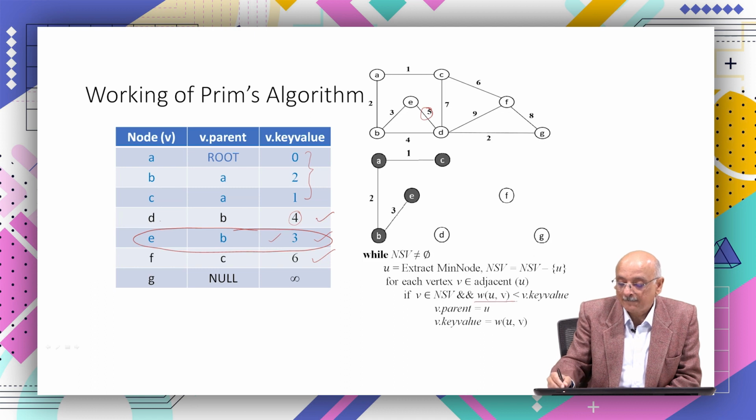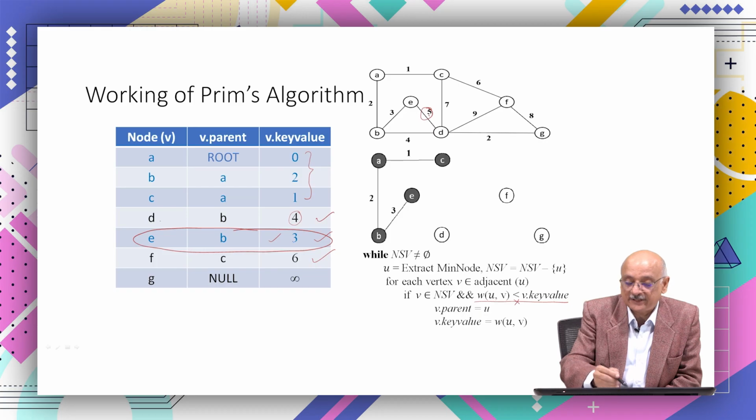That means this condition is false. All right, because the V dot key value is 4, which is less than the weight, which is 5. So this condition is false. Therefore, we are not going to execute this particular operation for E to D, this particular edge, because it has more weight. All right.